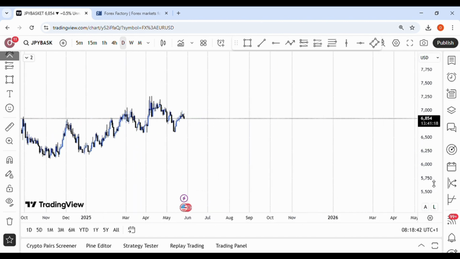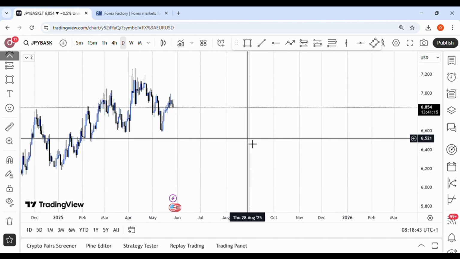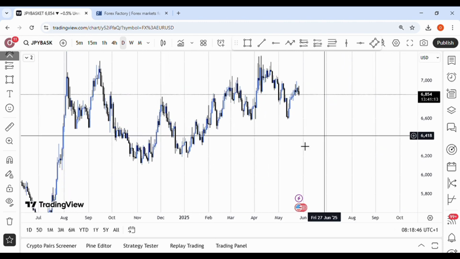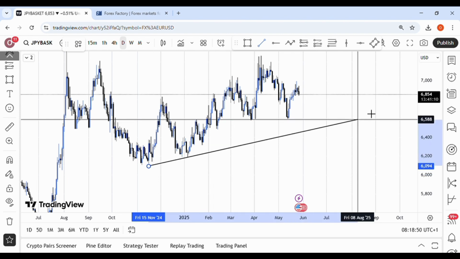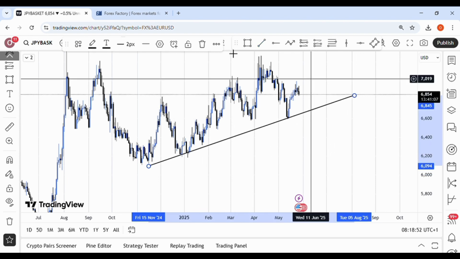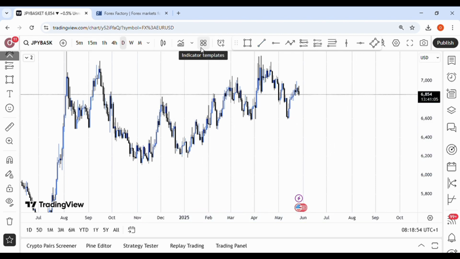You can see this particular movement here. All this shows that we are also bullish in our daily time frame. So we'll be looking for an opportunity to sell any JPY correlated pair, because the main JPY basket is bullish. Therefore, any other JPY correlated pair needs to be bearish.